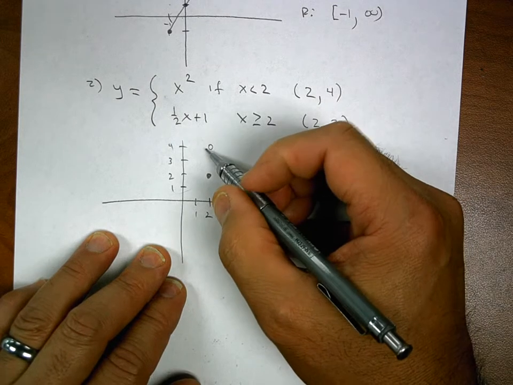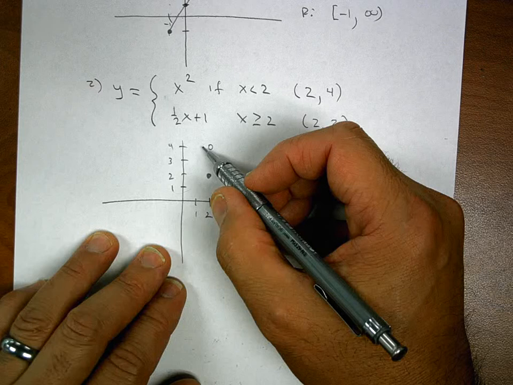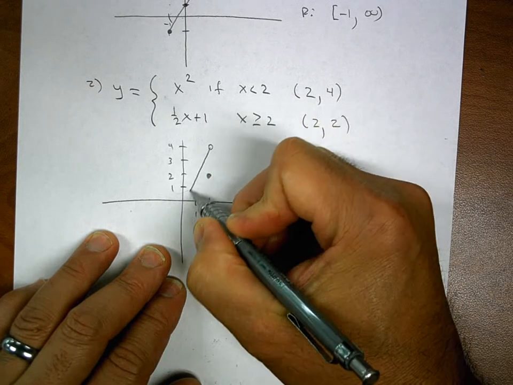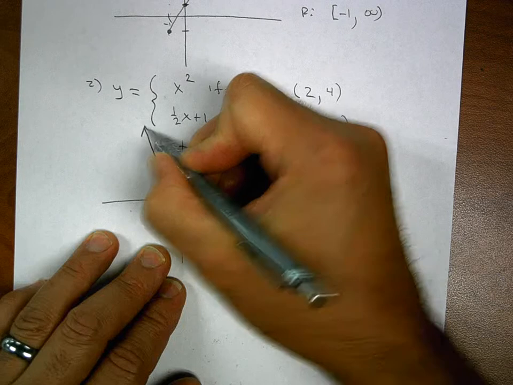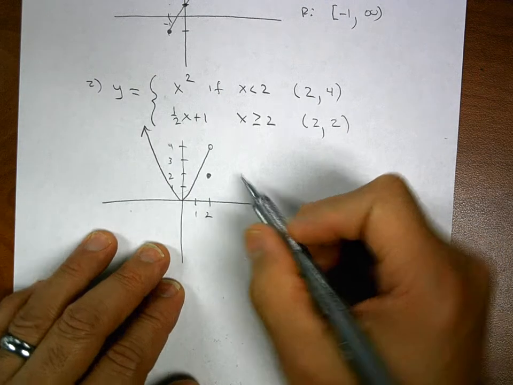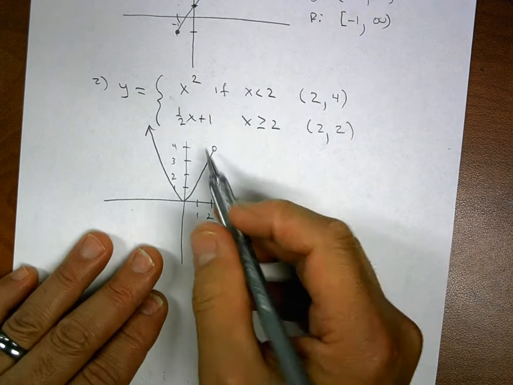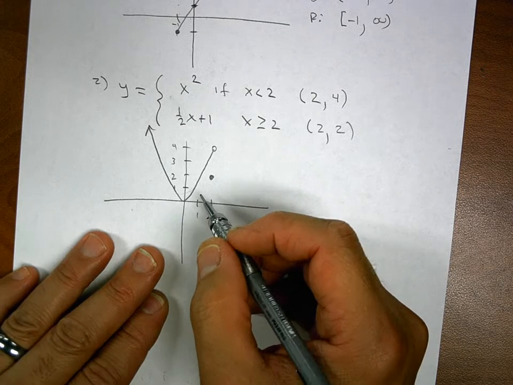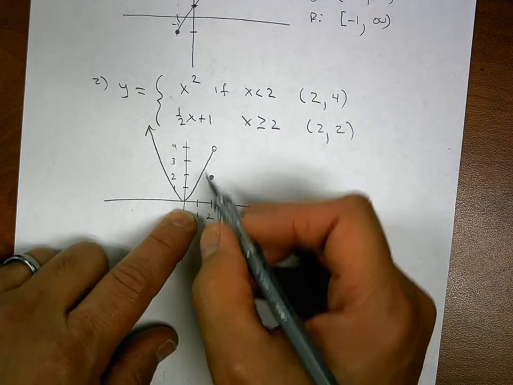So do we have an idea of how this is going to look? Okay, when it's less than 2, it looks like this, there we go. So when it's less than 2, we see the parabola. Okay, starting to make sense? Okay, let's go to this one.